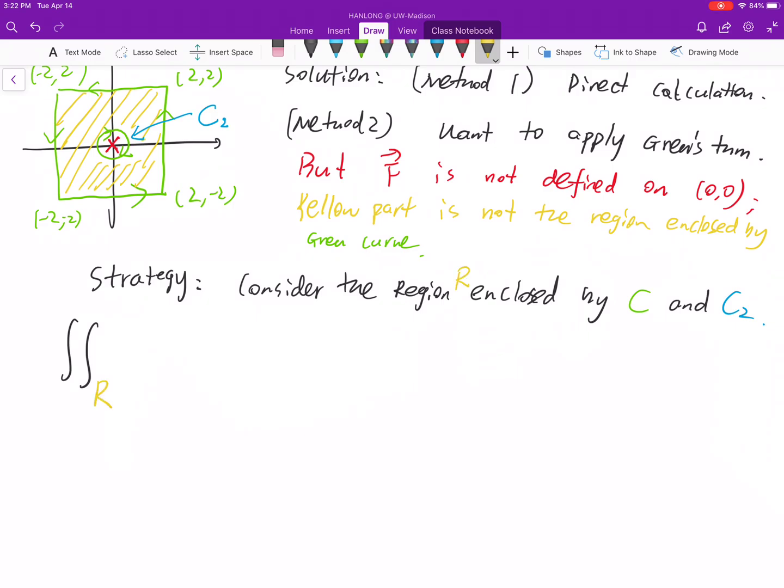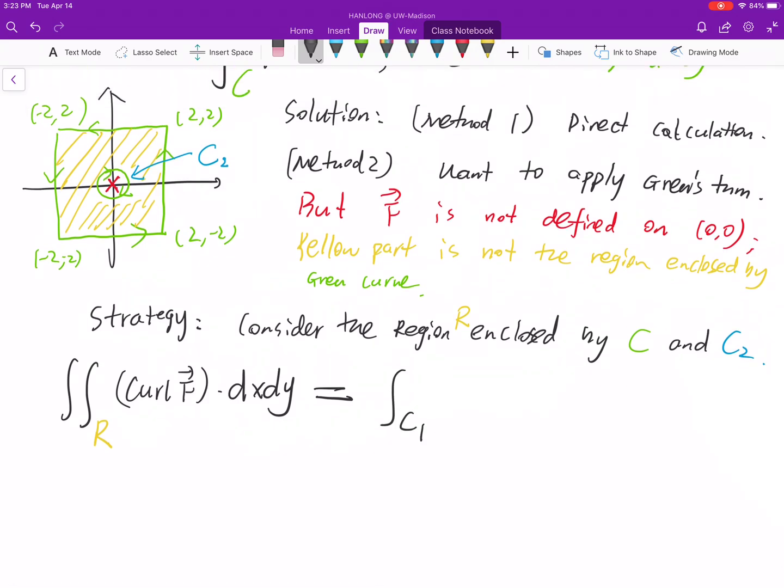What does that tell you? You have the double integral of curl f dx dy equals the integral along C with the positive orientation plus C2. Notice that C2 has a different orientation.